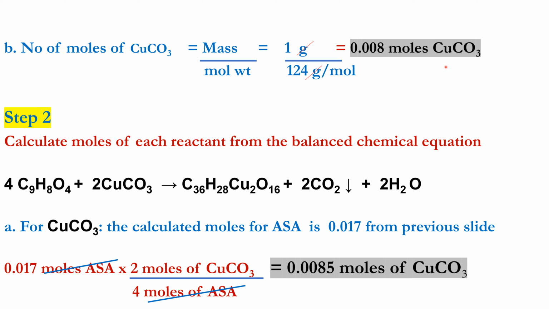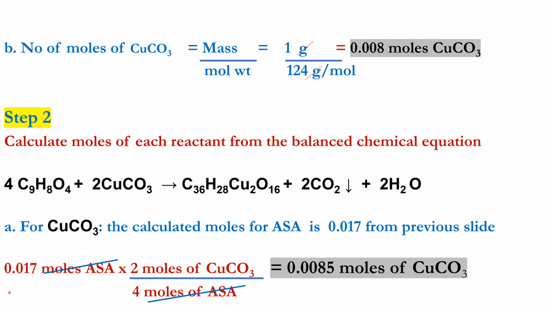Step 2 is to calculate moles of each reactant from the balanced chemical equation. This is the balanced chemical equation, so we need to calculate the moles of each of the reactants using the balanced chemical equation. For copper-2 carbonate, remember that we already calculated the moles for acetylsalicylic acid to be 0.017 moles.